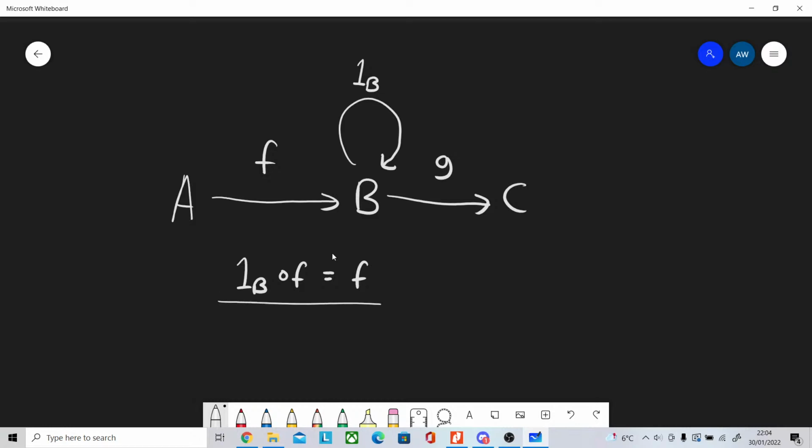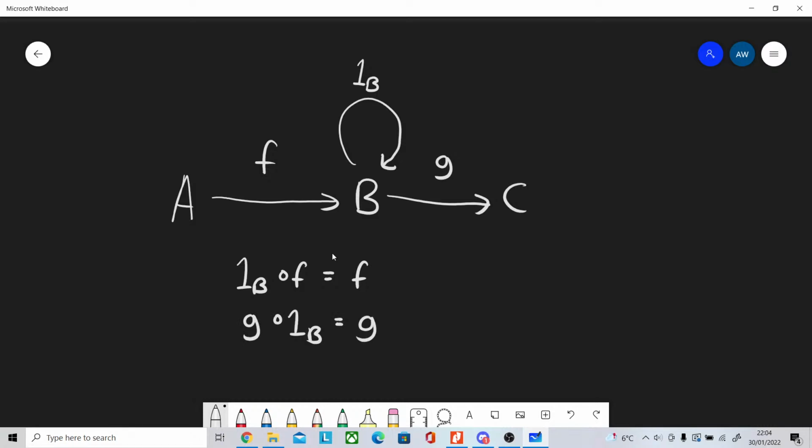That's the same thing there. And we know that because the identity function maps the same points to the same points, so it basically has no effect. And of course over here it's different, because now you do 1B first, and then G, and that is equal to G.